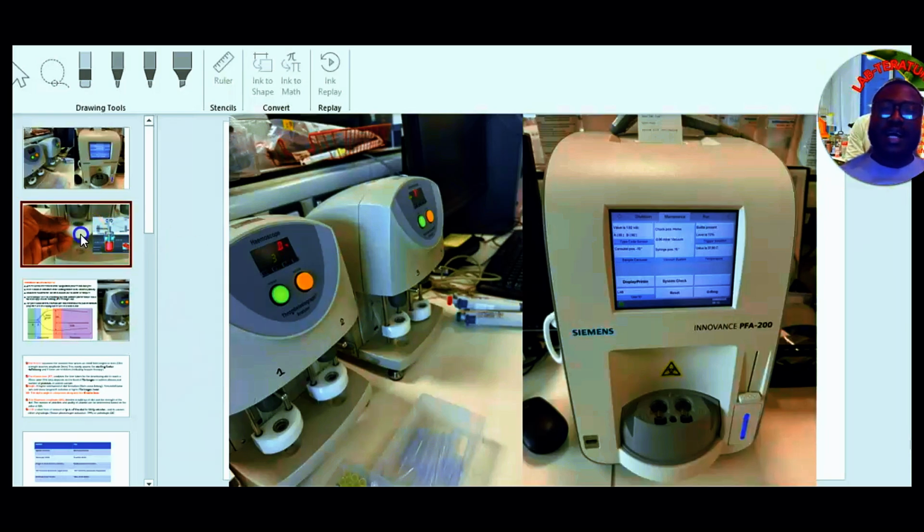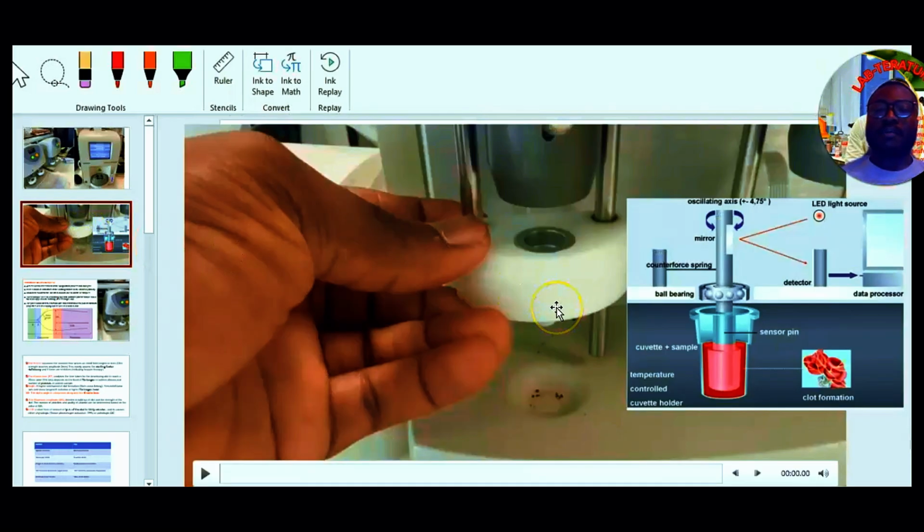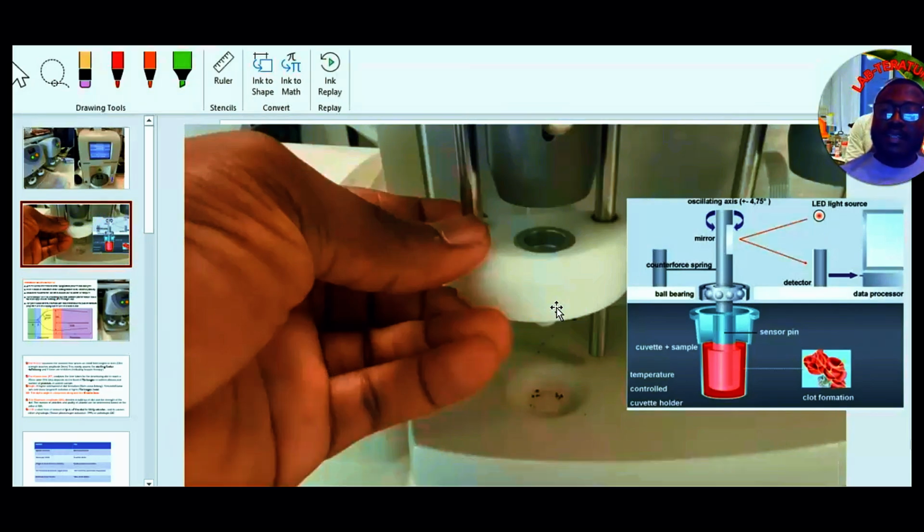The next slide that I'm going to launch here is just the thromboelastograph, which is TEG. The TEG has a cuvette sitting area, and in this, the cuvette sits, and this is the cuvette I'm speaking about. There is an oscillating axis connected to a sensor, and this looks like that oscillating probe that has a sensor, and it rotates over an axis at a very confined angle.